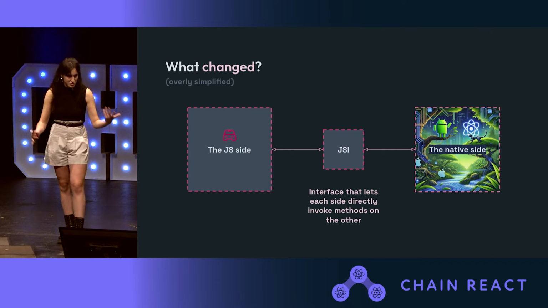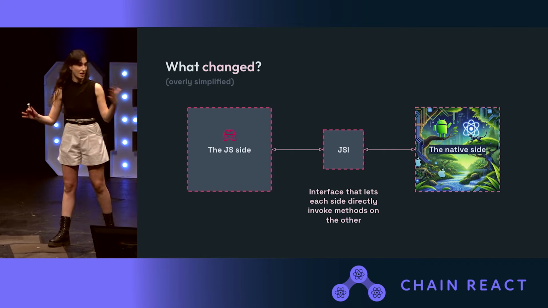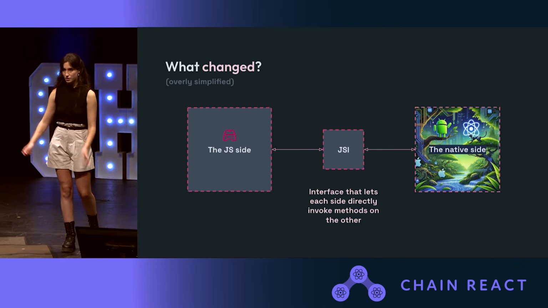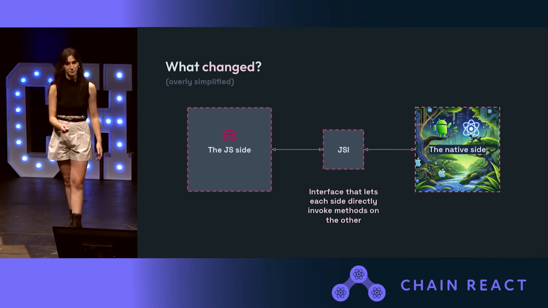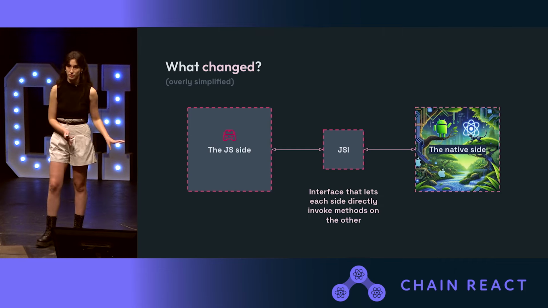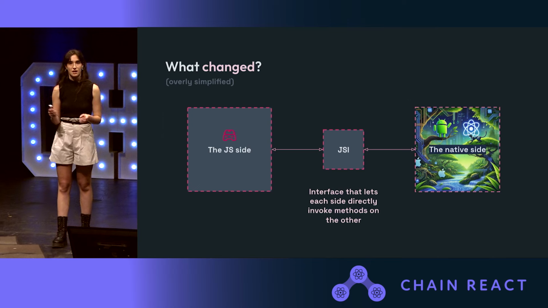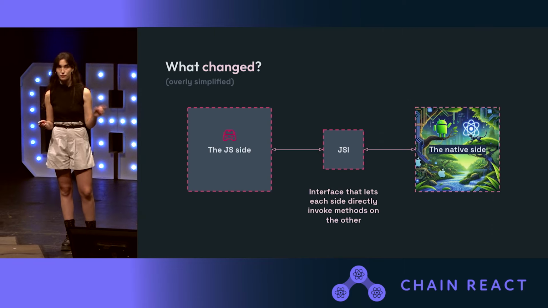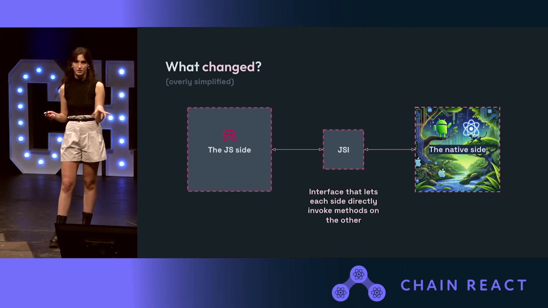And there's also a new renderer that goes along with this, and a lot of other things. This got rid of the bottlenecks. You don't have to pay serialization and deserialization taxes now. And you don't have to wait for an answer from the native side if you don't need it.